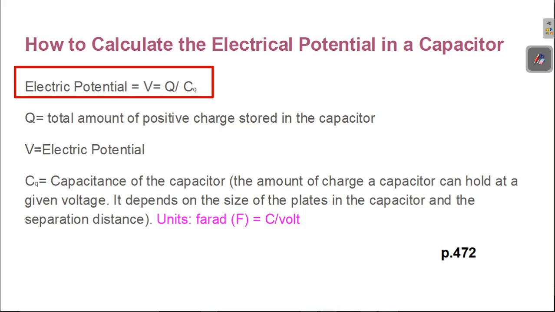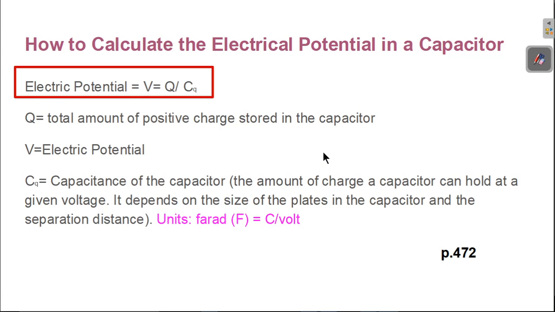We're not going to be using any formula that allows us to calculate that. Our problems are going to give us C of Q, or if they're asking for the C of Q, they're going to give us the rest of this formula, okay? So we're not going to have a new formula to calculate that. That's explained to you on page 472.